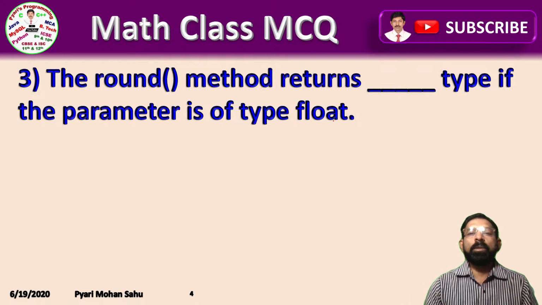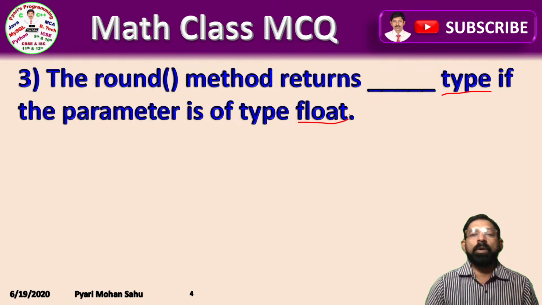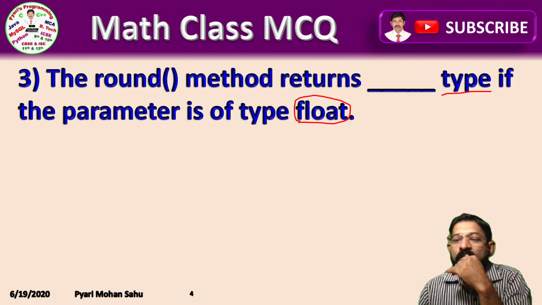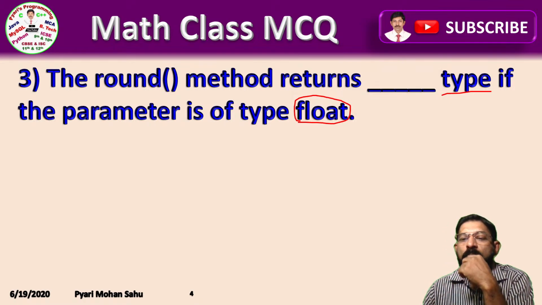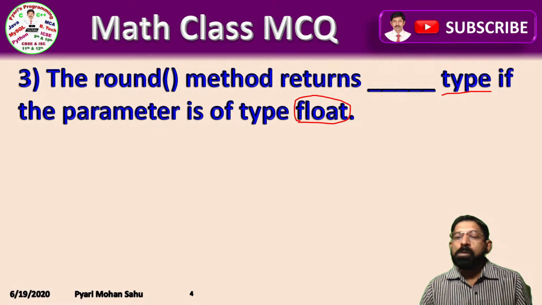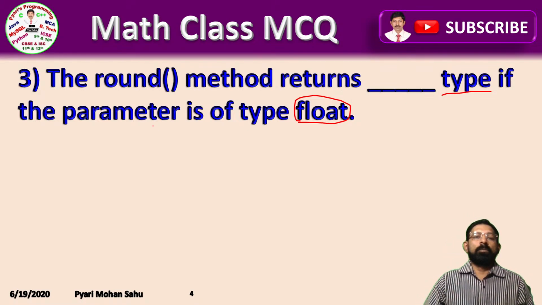The round method returns dash type. Type means it is talking about data type. If the parameter is of type float, if the parameter is given in the form of float, then what is its return type? Lakshmi Priya, okay. Int.